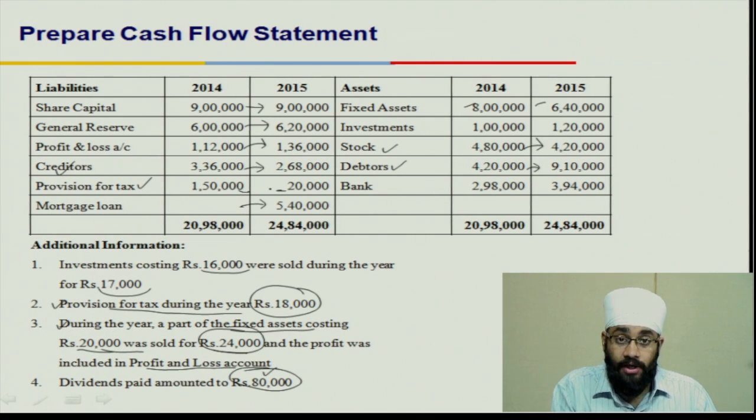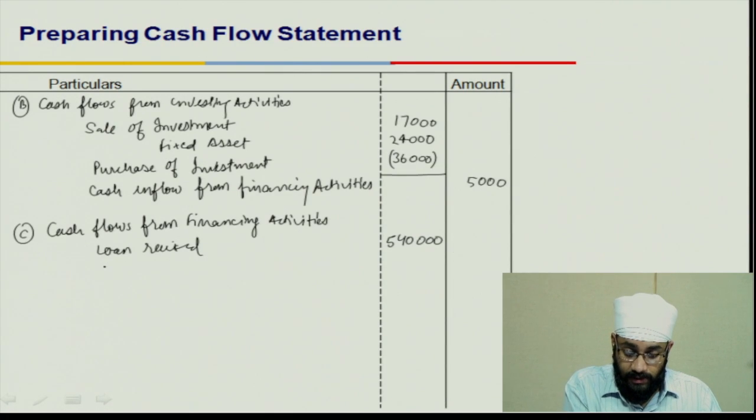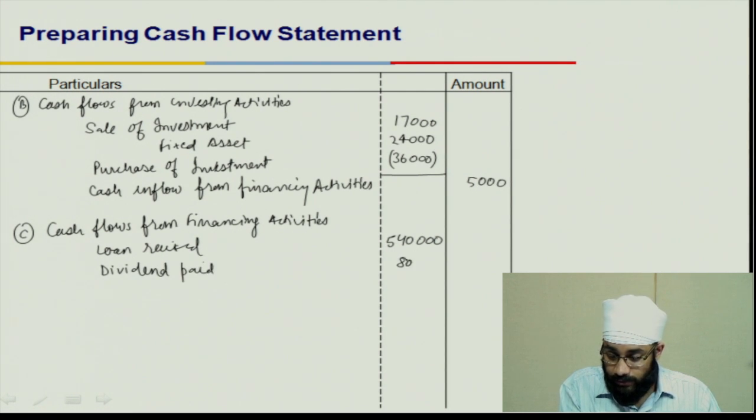We can look through the additional information. So investments are taken care of, sale and purchase both. Provision for tax has been taken care of. Fixed asset purchase and sale has been taken care of. You have dividend paid 80,000. So this is financing activity. Dividend paid 80,000, and this is an outflow, so a negative figure.